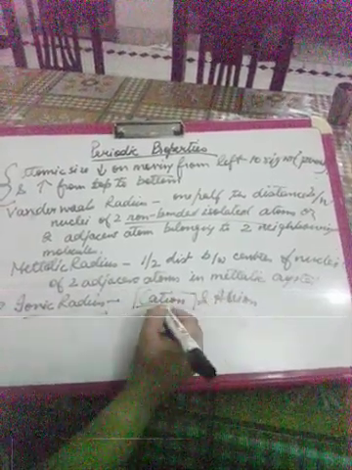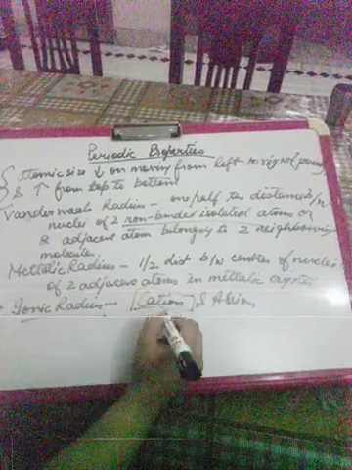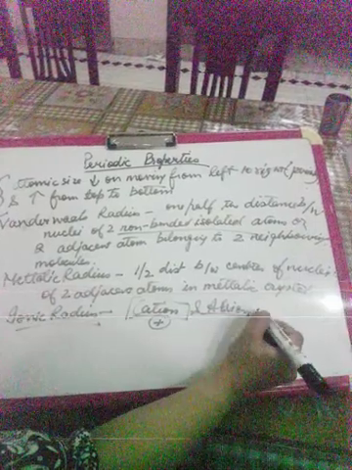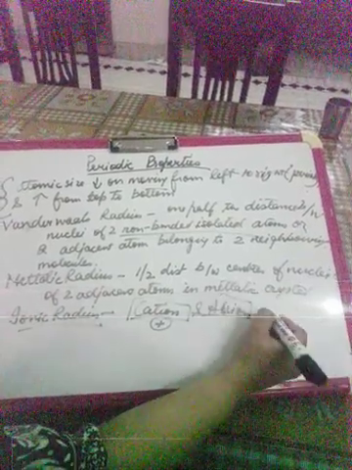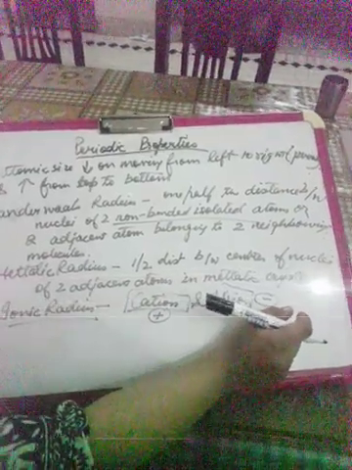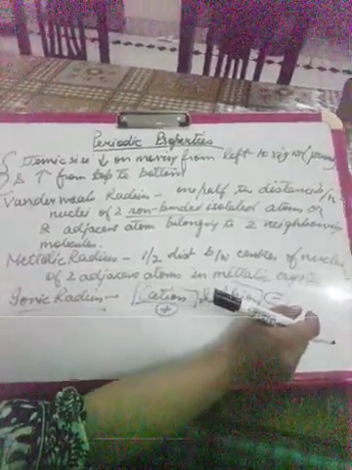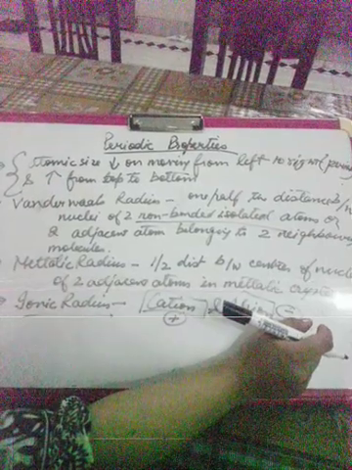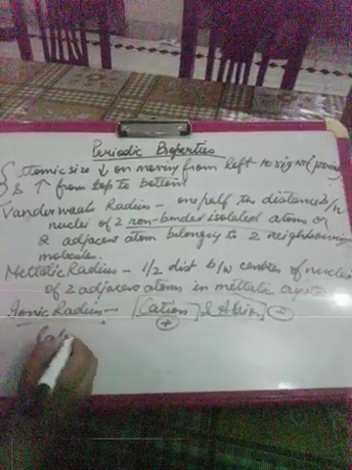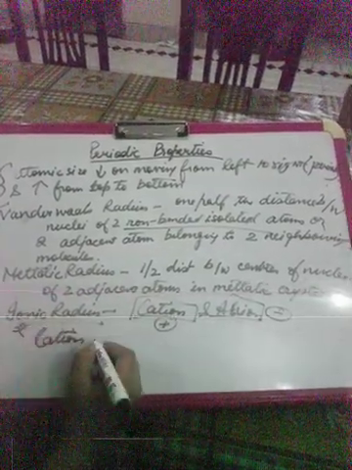When an atom loses an electron, there is a positive charge, and that is a cation. If an electron is added to an atom, there is a negative charge and an anion is formed. So an atom becomes a cation if an electron is removed, and an anion by gaining an electron.